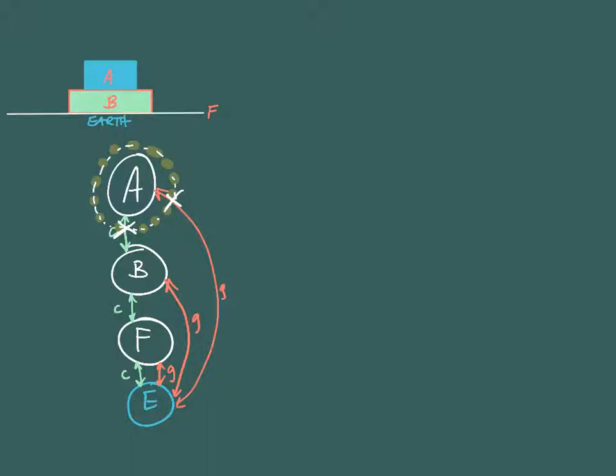So when we pick a system, okay, and say we want to know about the forces on this block, we would, on our system schema, identify that thing as the system. So if I say system A, okay, the top block, now I've identified it.